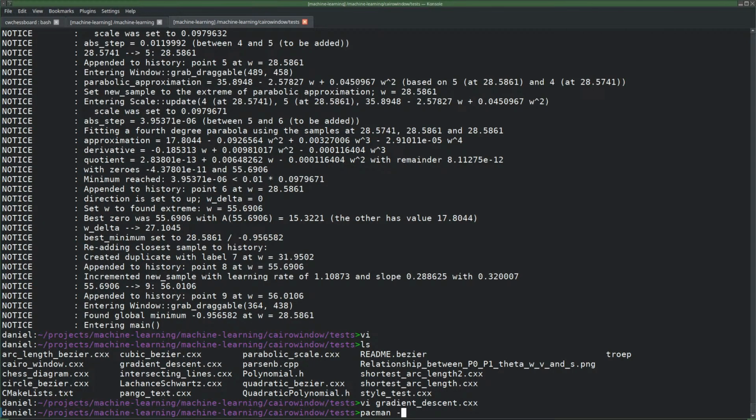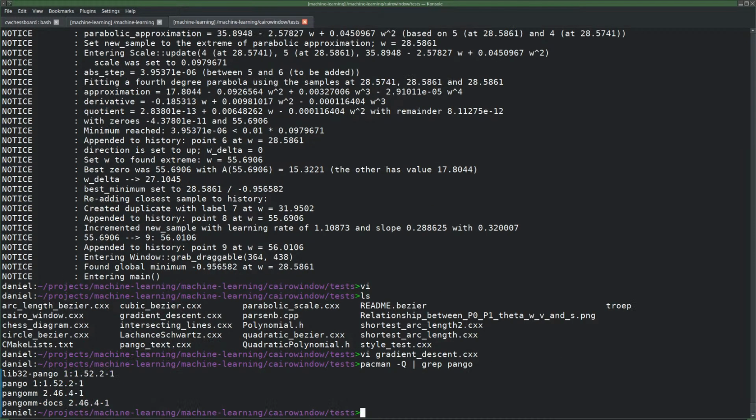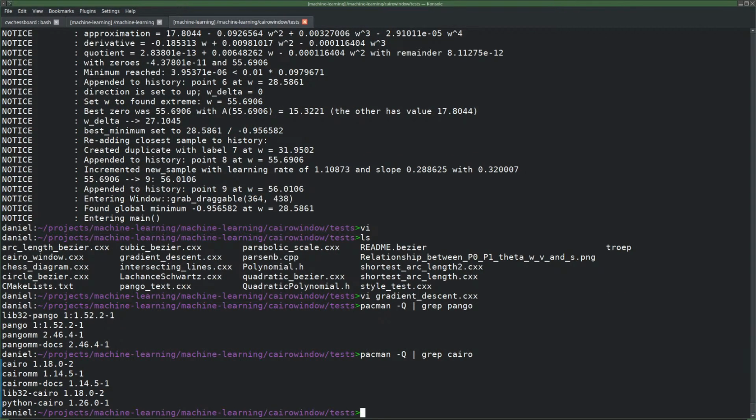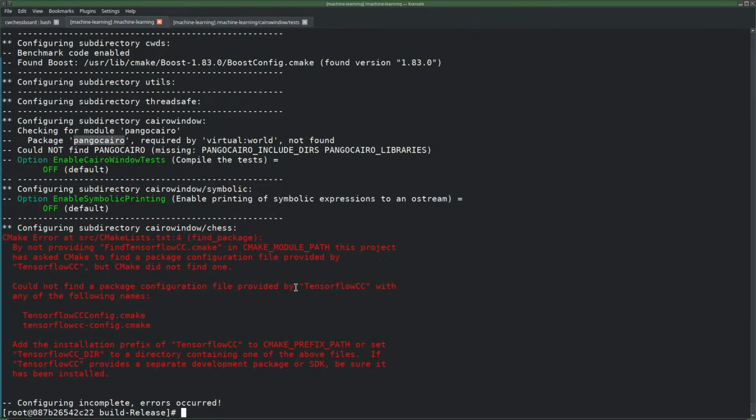Pacman minus Q, grep Pango. No, that's strange. That is strange.